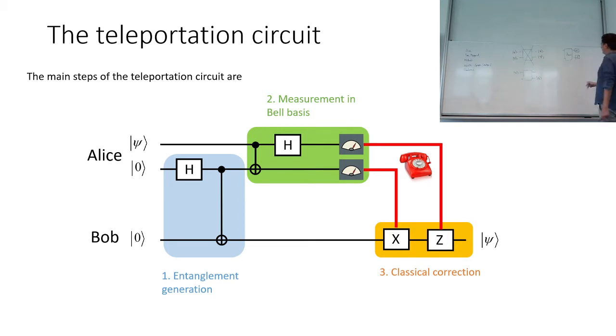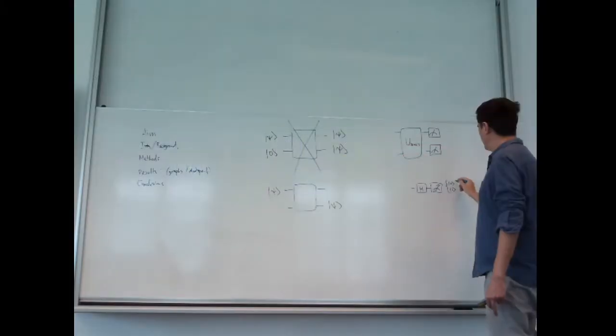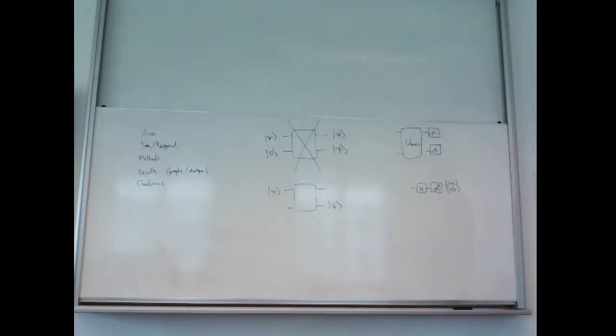A simpler example was if I did a Hadamard gate and did a measurement in the 0-1 basis, that's equivalent to measuring in the plus-minus basis. So you could do that, or you could do that. It's basically the same thing.